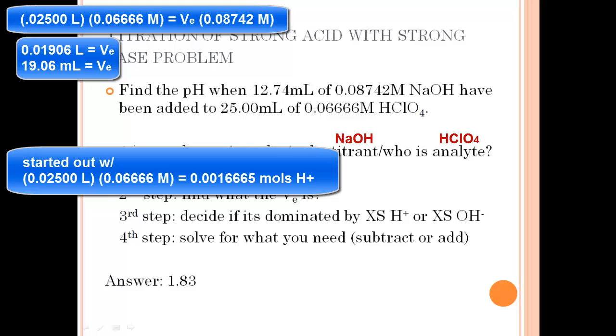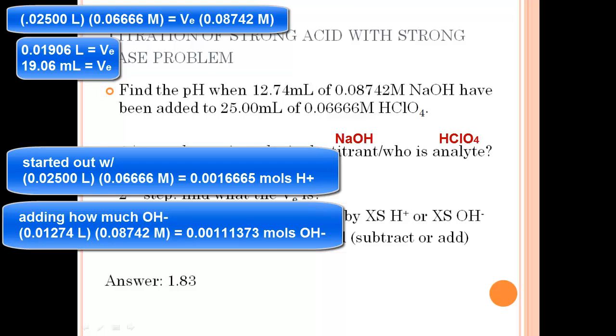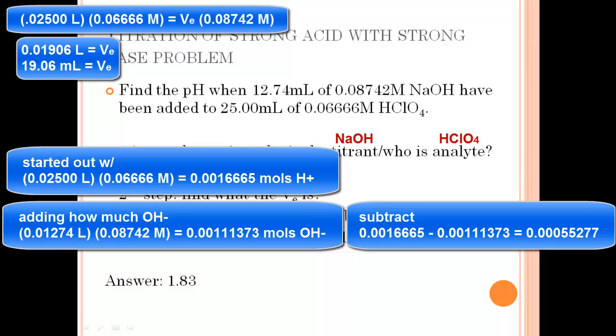How much base have I added? You would take 12.74 times the molarity of the base. That should give you 0.0011373. You subtract what you have from what you started with, and that gives you 0.0005527 moles of acid. That's how much acid you have left after you've added that 12.74 mL of strong base.